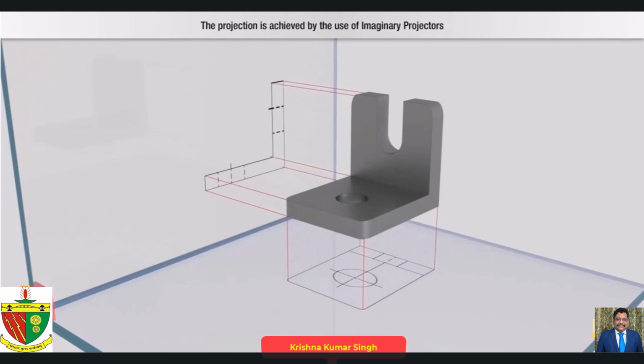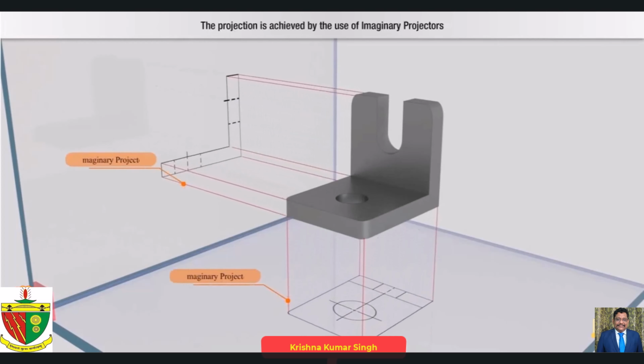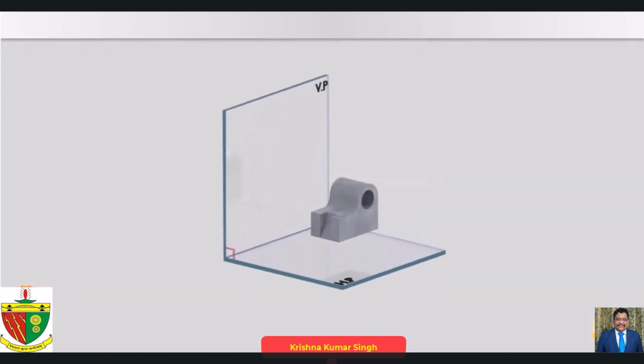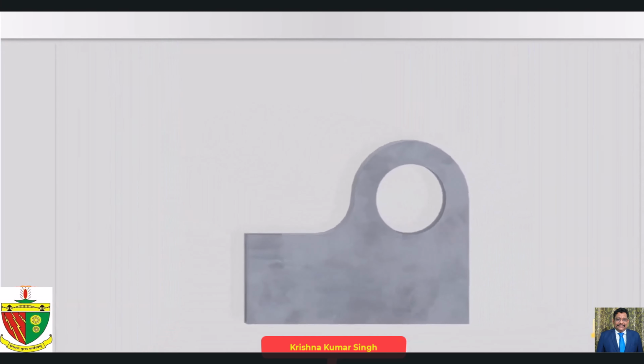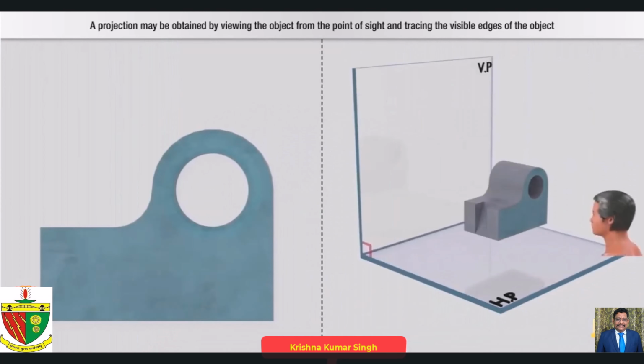The projection is achieved by the use of imaginary projectors. A projection may be obtained by viewing the object from the point of sight and tracing the visible edges of the object.